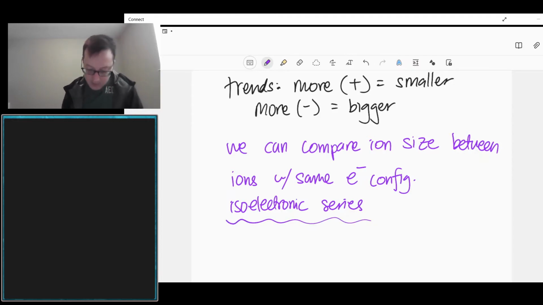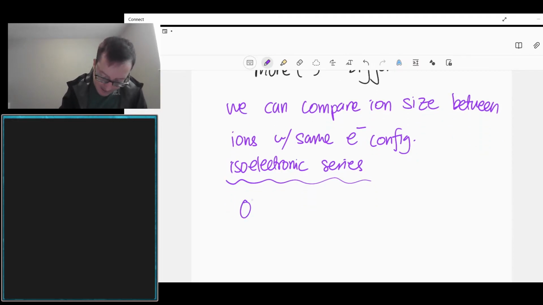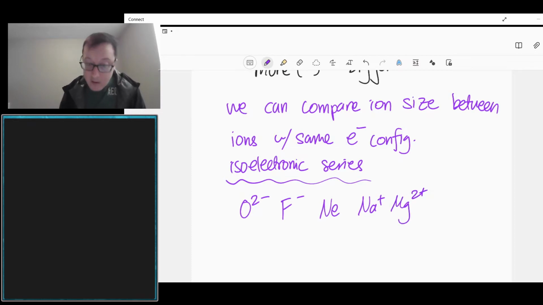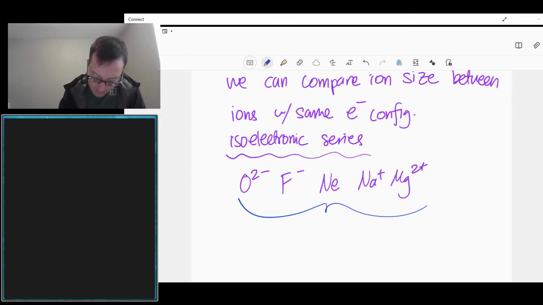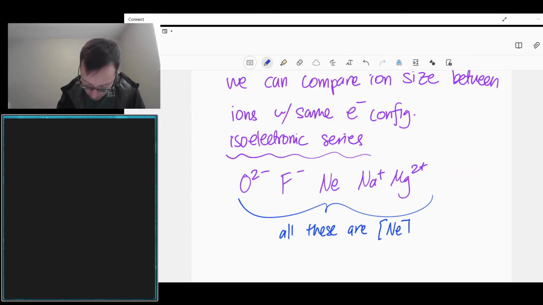That's the fun word here. So that would be something like, what's after sodium, magnesium? That would be something like this. This is an isoelectronic series. All these have 10 electrons.